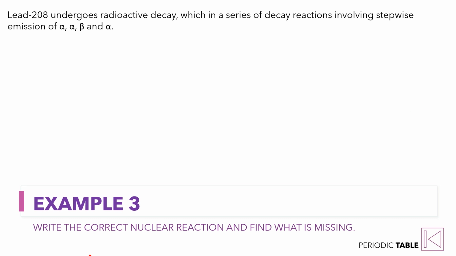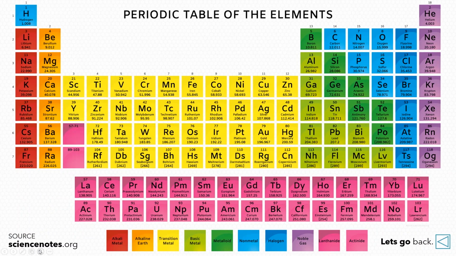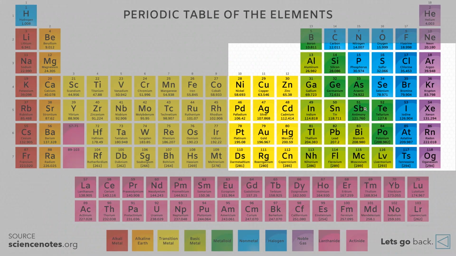So, there are 4 steps here. Paano natin siya gagawin? So, let's try to write the lead muna. So, ang lead ay PB. At 208 kaya nga, let's try to search for the atomic number of lead.